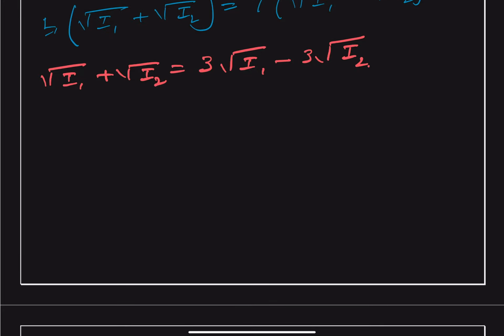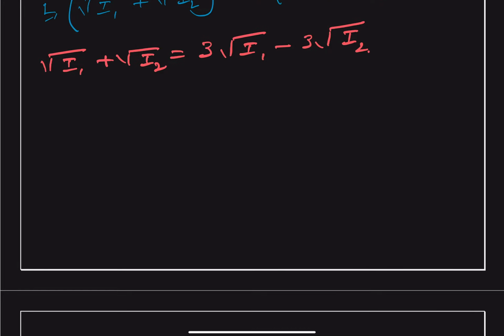This gives us, on one side, square root of I1 times (1 minus 3), and on the other side, square root of I2 will be equal to (minus 3 minus 1).